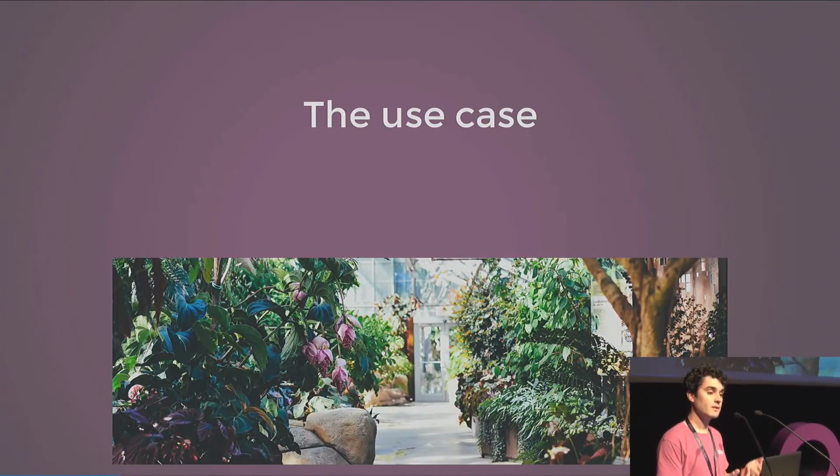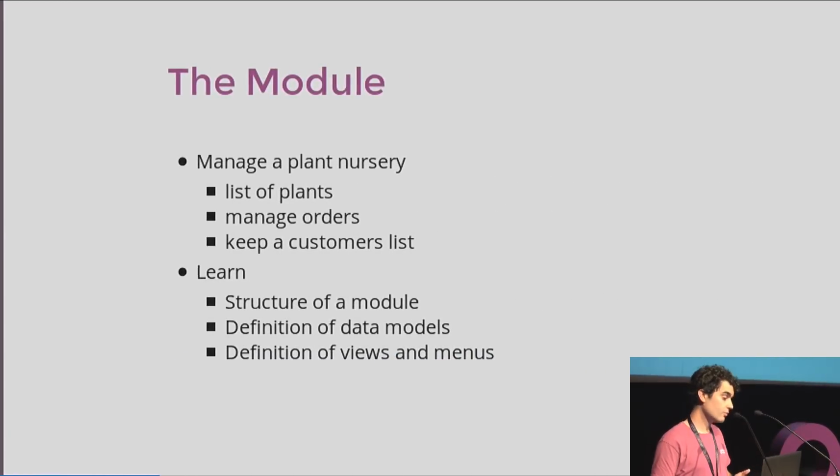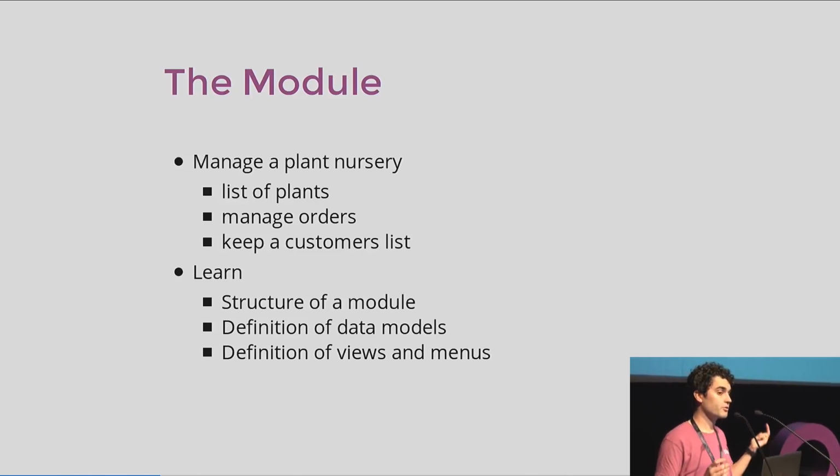For this presentation, I will give a small example that is totally without any links to the existing Odoo apps. This way, we will have a standalone module. In this case, the module will be a plant nursery shop where you can buy some plants. We will create a few models to describe a list of plants, some customers, some very basic orders for customers to buy plants.